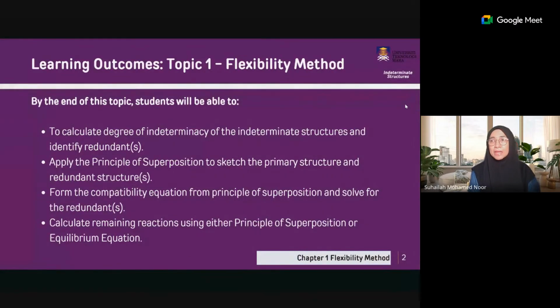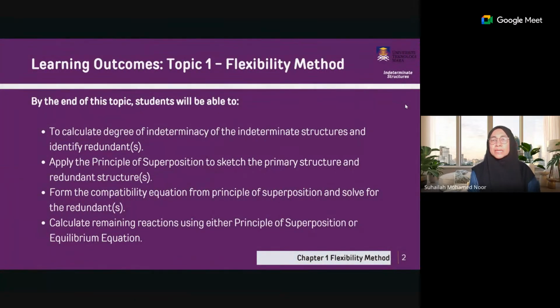Both are determinate. So whenever it is determinate structure, of course, we can calculate reaction. We can write moment equation, and we can calculate displacement. So this displacement is the input of compatibility equation. Inside the compatibility equation is the redundant that we want to determine.